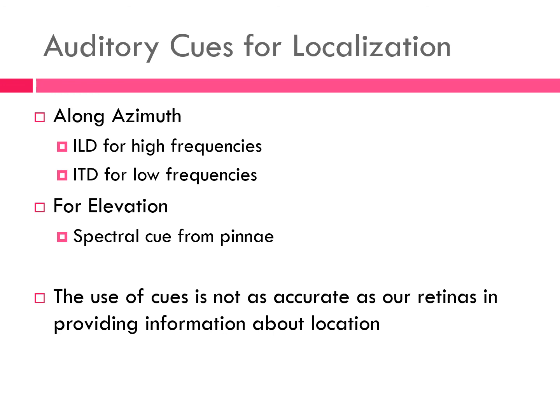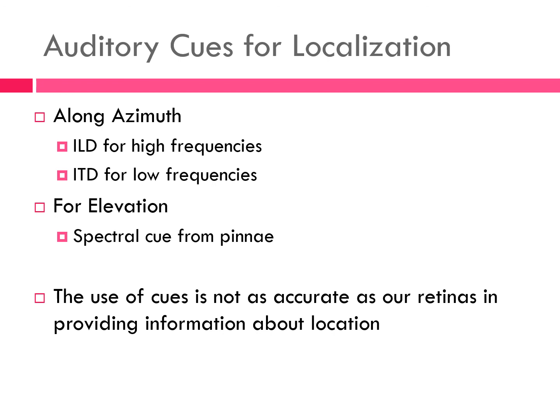So I'm just going to summarize these auditory cues for localization. Along the azimuth on the horizontal plane, we use interaural level differences. And if you're reading in this field for your project or whatever, they will call them ILDs a lot: interaural level differences for the high frequencies, and interaural time differences, or ITDs, for the low frequencies.